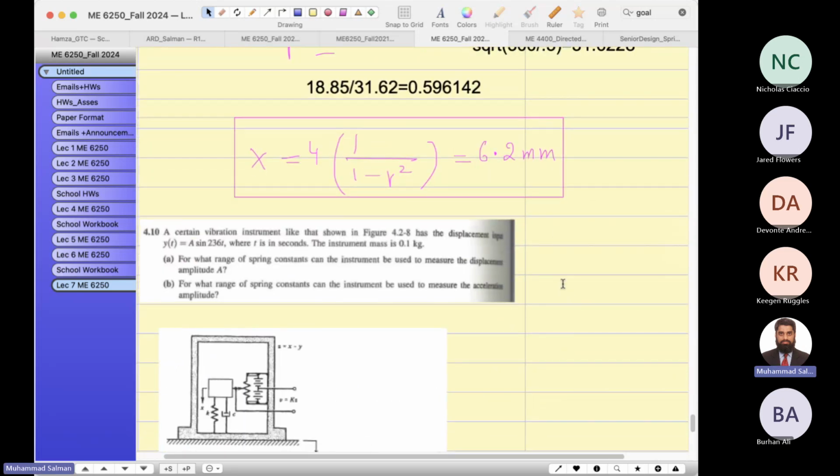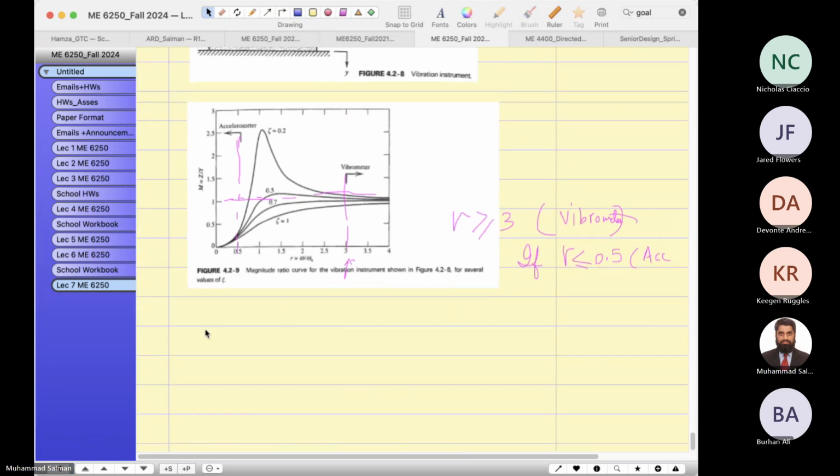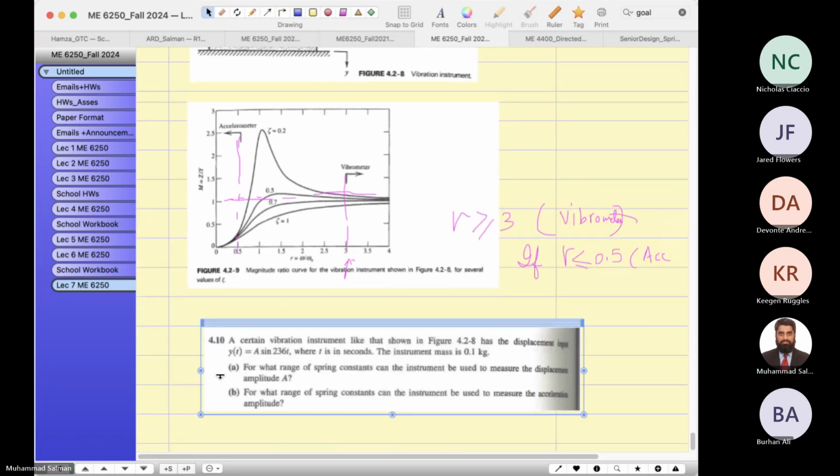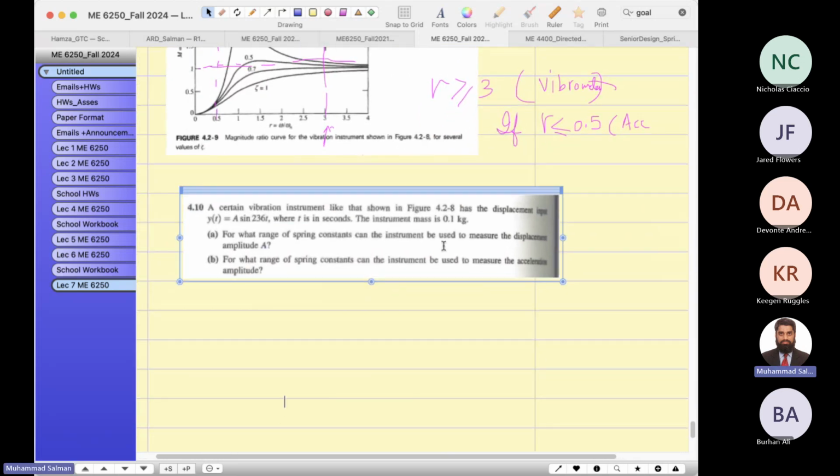Okay, now let's read the question here. Let me copy it here. A certain vibration instrument like the one shown in the figure over here.